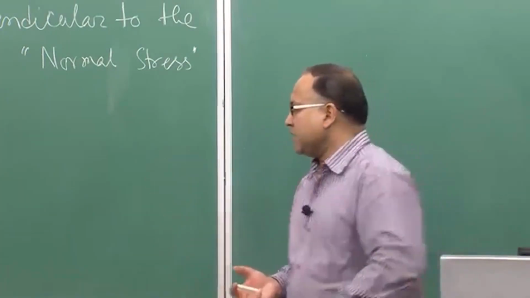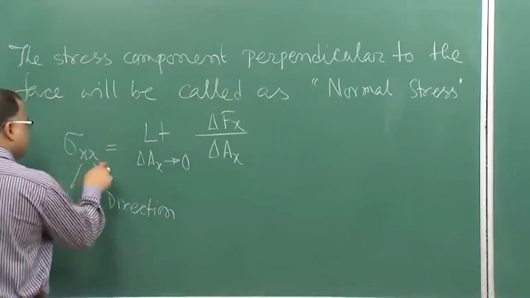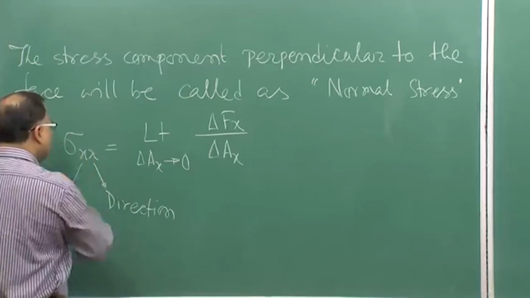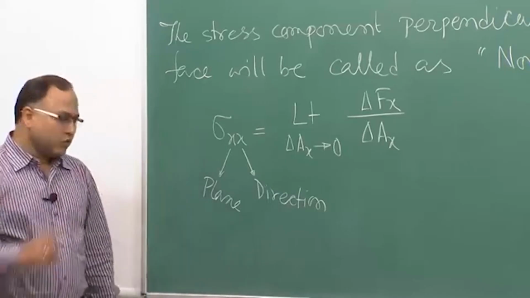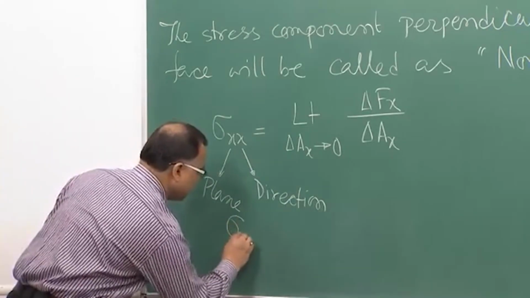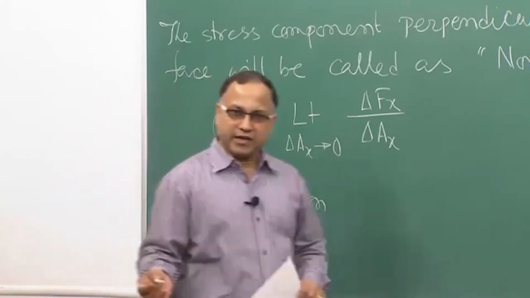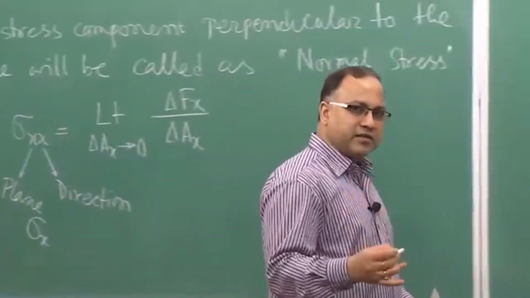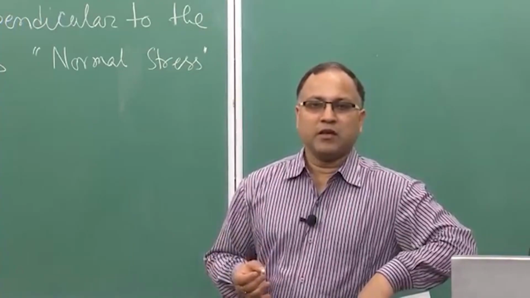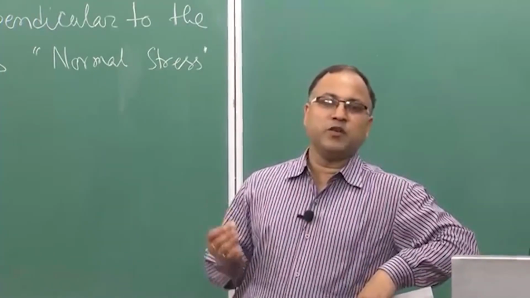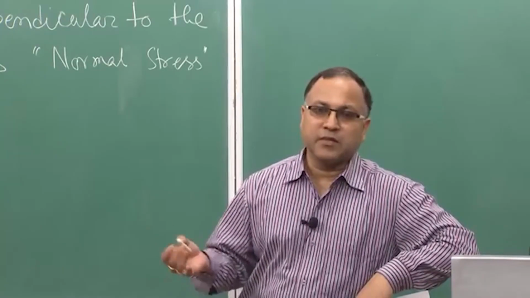For our convenience, since whenever you define the normal stress both subscripts are the same, from now onward we will simply write sigma x or sigma y or sigma z. Sigma x is the normal stress on the x plane, sigma y is the normal stress on the y plane, and similarly sigma z.